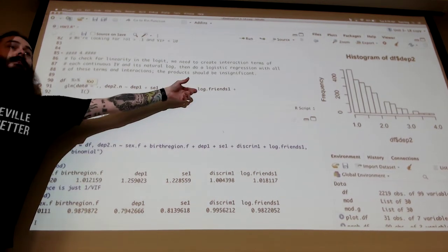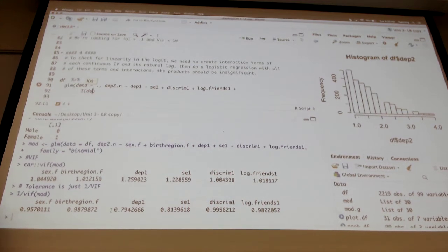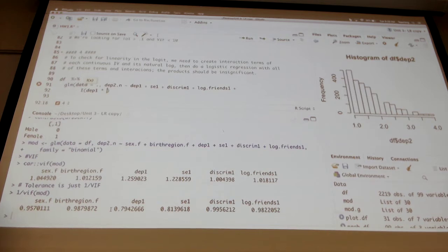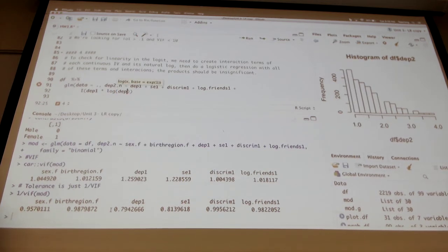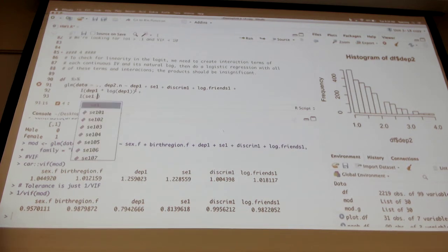So now that we have that I, we'll create our first interaction of dep1 times the log of dep1. And then our next continuous variable is SE. So we need the I, and we'll tell it SE1 times the log of SE1.